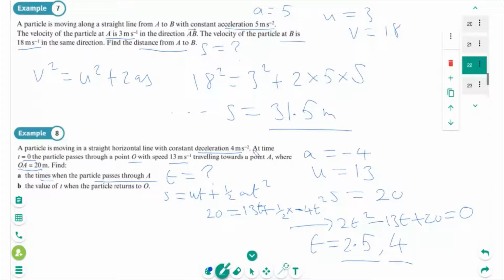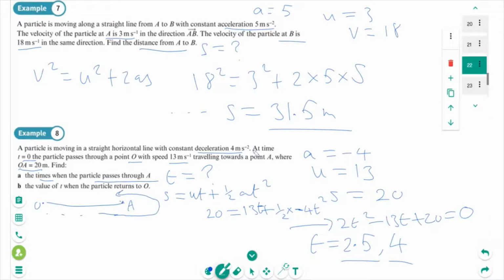So the idea then, if you look at the diagram, O, A, is that originally it takes 2.5 seconds to reach the point A. And I guess it's going beyond A, then it returns. The particle continues forwards, then it goes backwards.